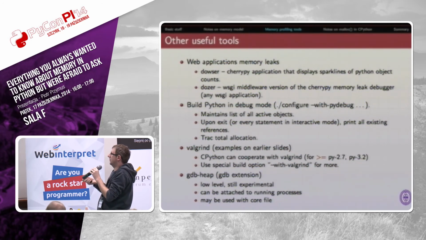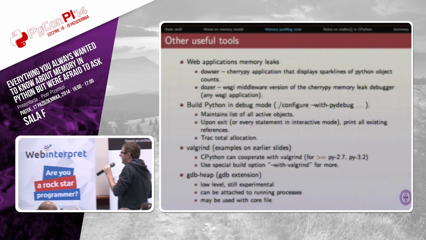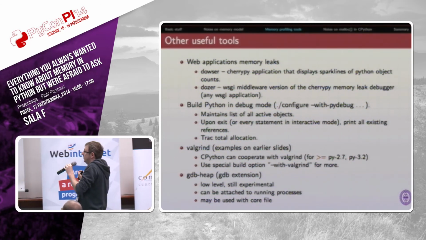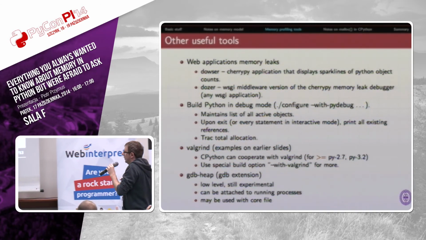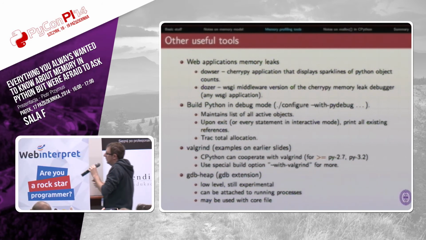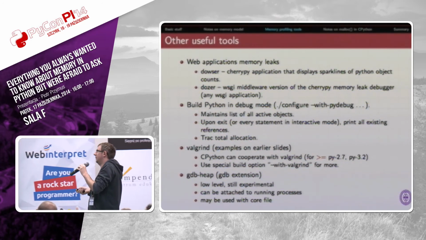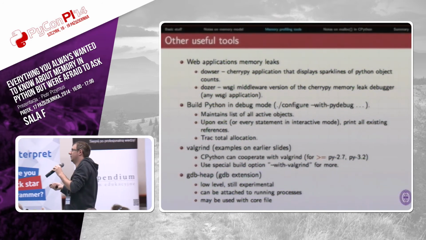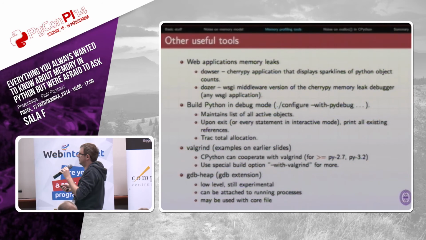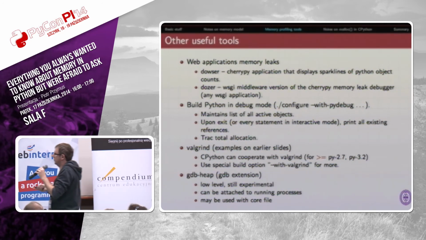Of course, there's Valgrind, it was described before, but actually you can use a more advanced option with Valgrind when you compile your CPython. This probably is more advanced because it will turn off the Python allocator, but you can always try it. And there's also gdb-heap. It's a GDB extension. It's pretty low level and still in progress, but you can always use it.